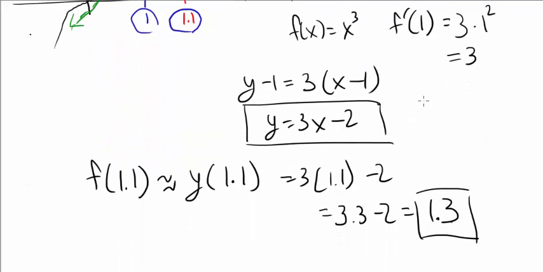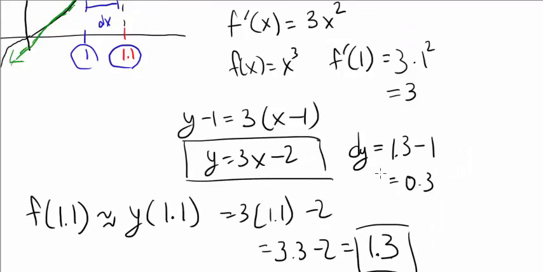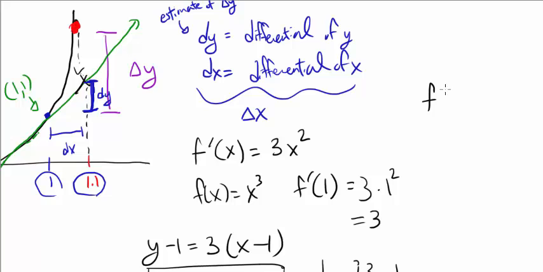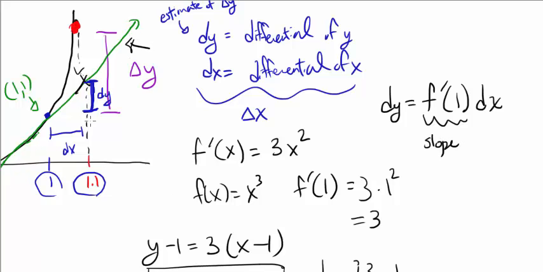And what is dy in this case? Well, dy is the change in y on the tangent line, so that's going to be 1.3 minus 1, which is 0.3. Another way of getting dy, maybe you realized, is by multiplying the derivative of our function at 1 by dx. That is the value of dy. And the reason is f prime of 1 is the slope of the tangent line, the green line, that goes through our graph at x equals 1.